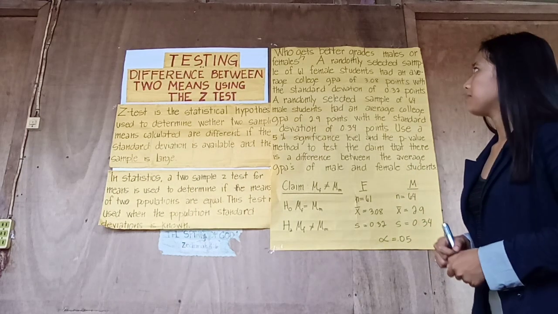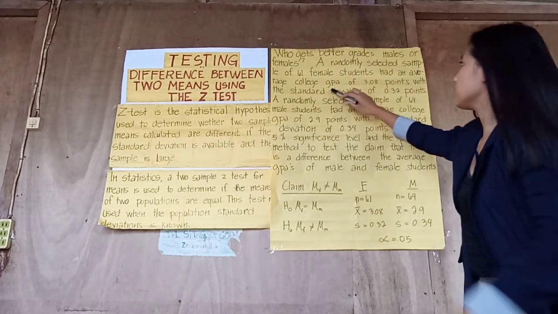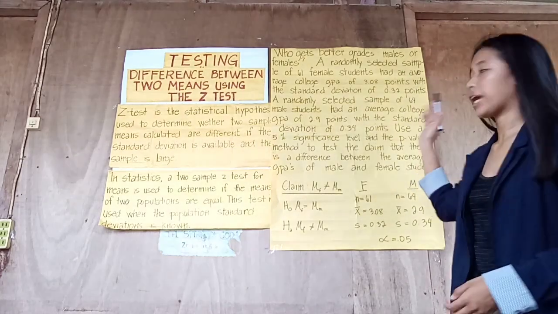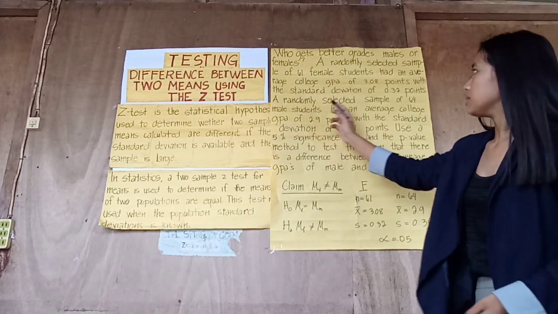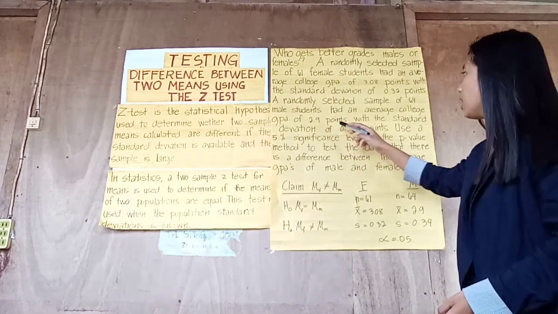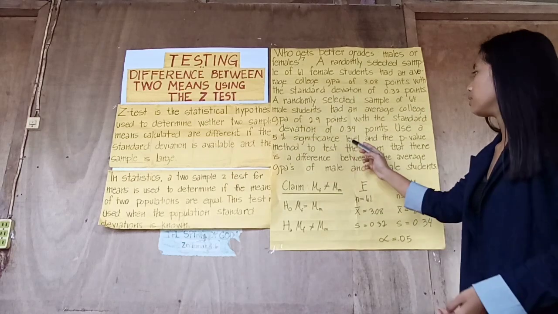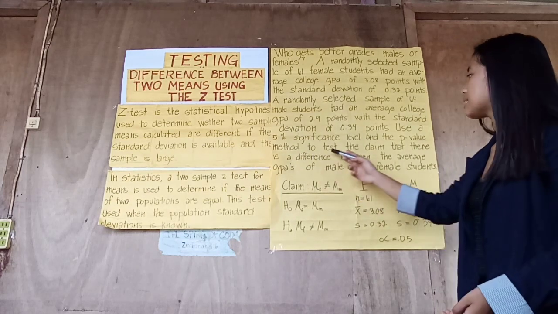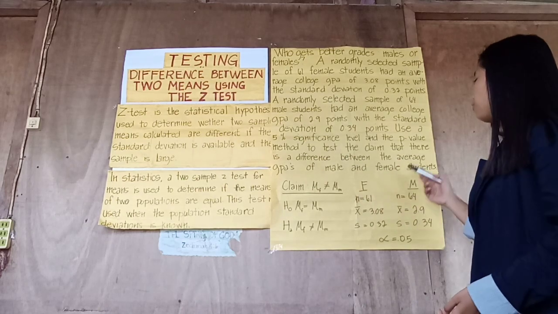A randomly selected sample of 61 female students had an average college GPA of 3.08 points with a standard deviation of 0.32. A randomly selected sample of 64 male students had an average college GPA of 2.9 with a standard deviation of 0.34 points. Use the 5% significance level and the p-value method to test the claim that there is a difference between the average GPAs of male and female students.